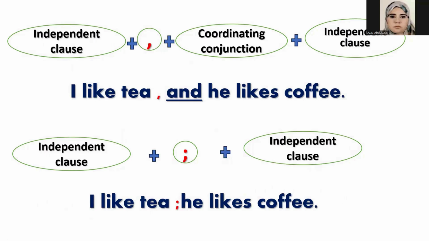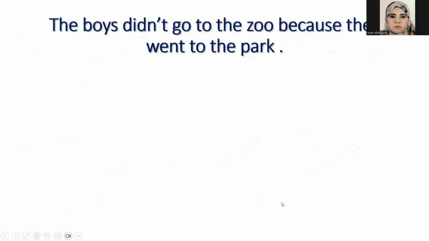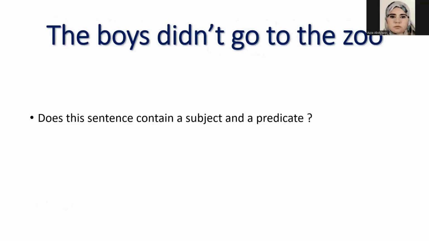Now, let's move on and consider the following example. The boys didn't go to the zoo because they went to the park. Here, how many sentences do we have? Yes, it's obvious we have two sentences. Let's consider the first sentence: the boys didn't go to the zoo. Does the sentence contain a subject and a predicate? What do you think?